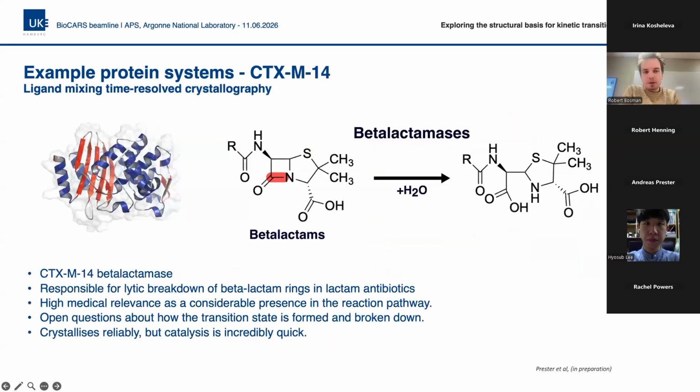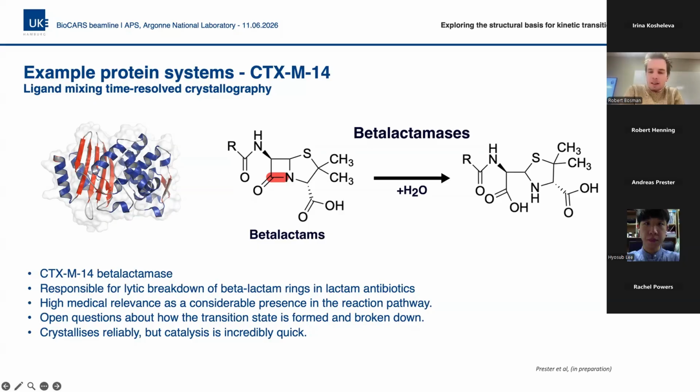The other system I'll talk about today is the CTX-M14 system, which is mostly the work of one of my fellow postdocs, Andreas, and which is a beta-lactamase. So this is responsible for the breakdown of the beta-lactam rings in a lot of these types of antibiotics.